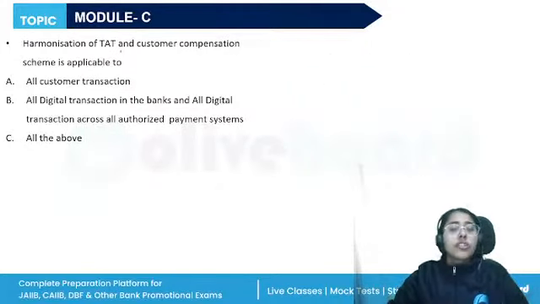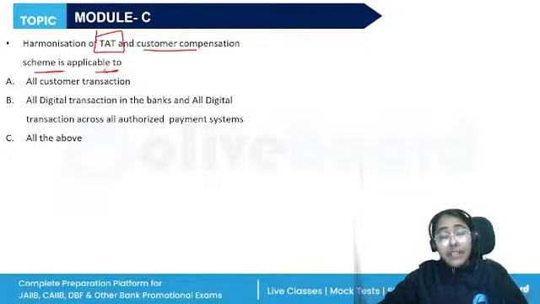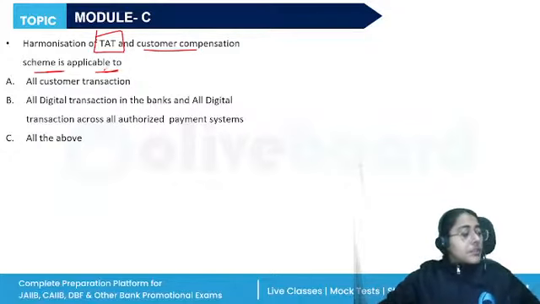Next, harmonization of the turnaround time and customer compensation scheme is applicable to what? RBI has given the guidelines for harmonization of turnaround time. That is the time taken for the completion of a service, right from the application to the service finally reaching the customer.